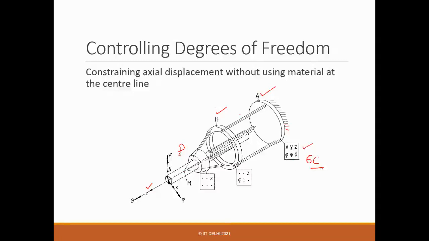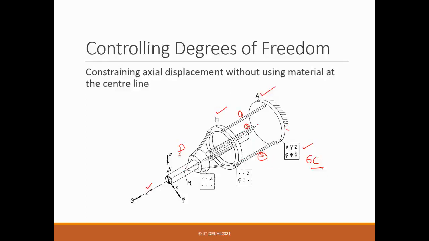Now what happened? You have these wire flexures 1, 2, 3. So 3 wire flexures provide three constraints, right? But what degrees of freedom do they provide? They are only constraining 3, so they will release 3 degrees of freedom, right?